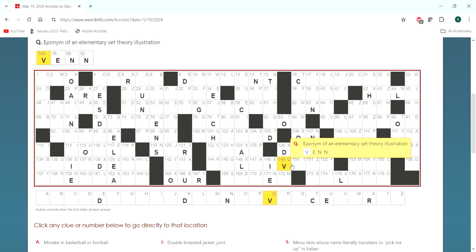I just suspect that given the structure of this word, that we're going to have an I, an N, and a G. If that's true, then defenestrate or boot out is going to start with a G. Defenestrate means to literally throw out a window, or to kick out, boot out.